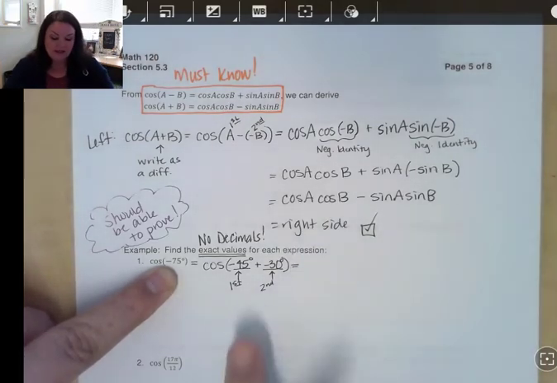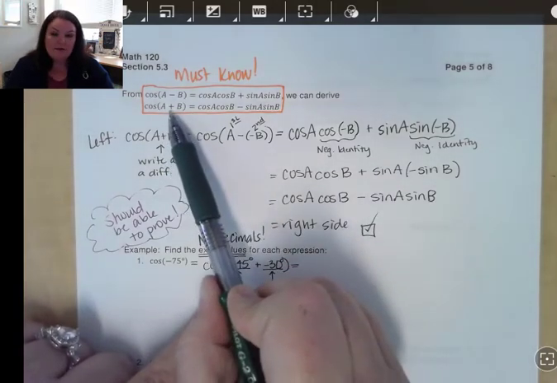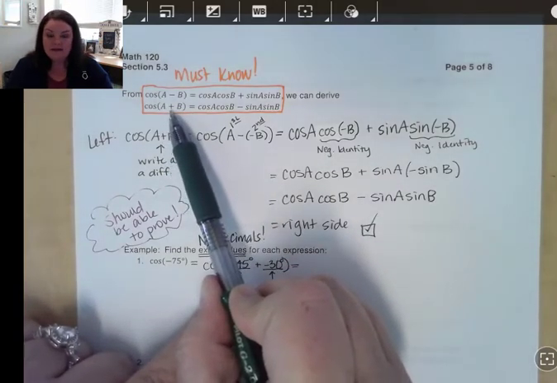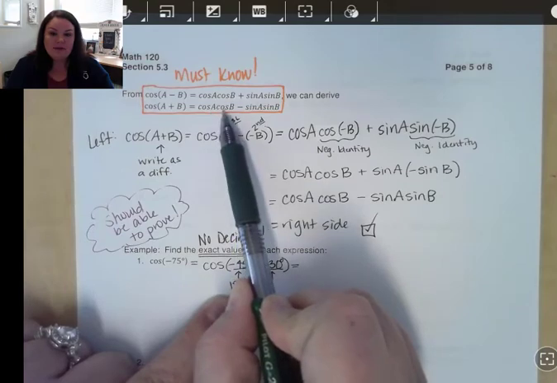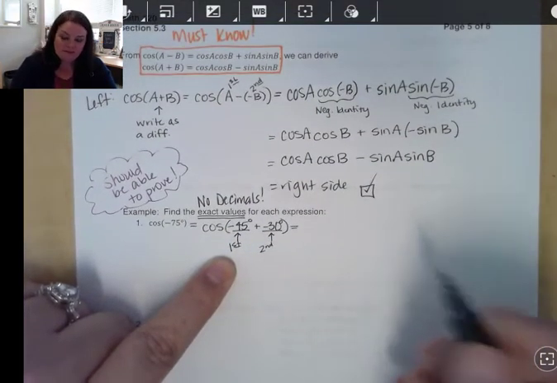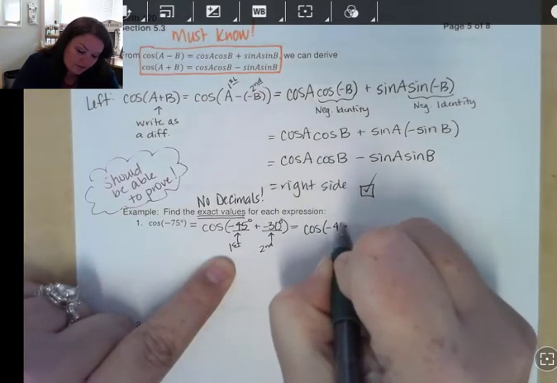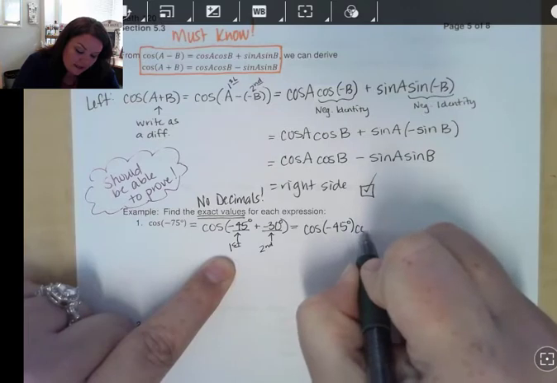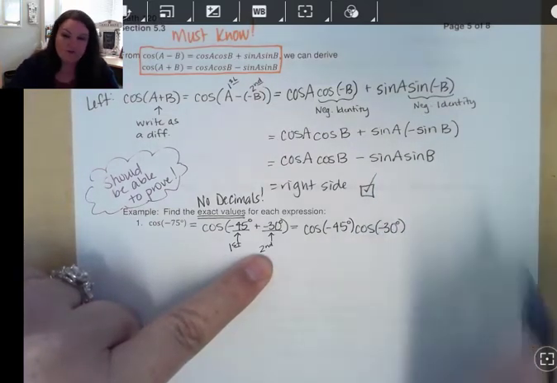So let's go ahead and plug it into that cosine of a sum identity. So cosine of a sum says that we take cosine of the first angle and multiply it by cosine of the second angle. So for our problem, that means that we're going to take cosine of our first angle, which is negative 45 degrees, times cosine of our second angle, which is negative 30 degrees.